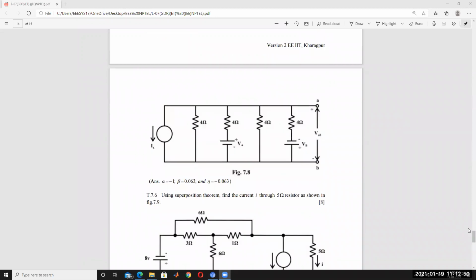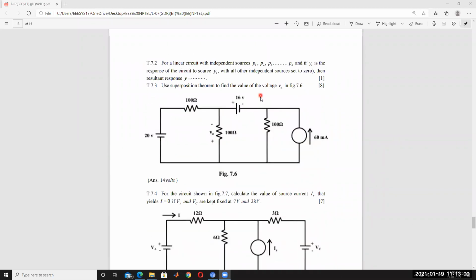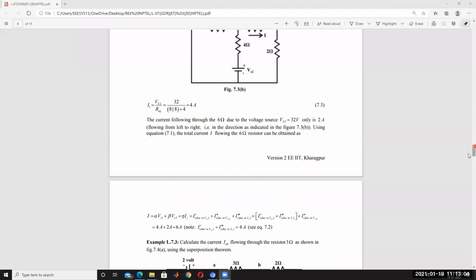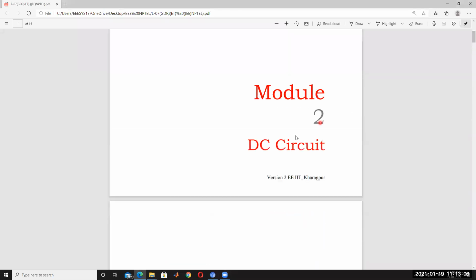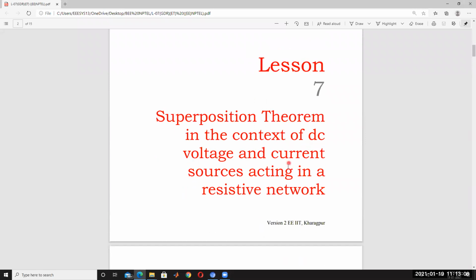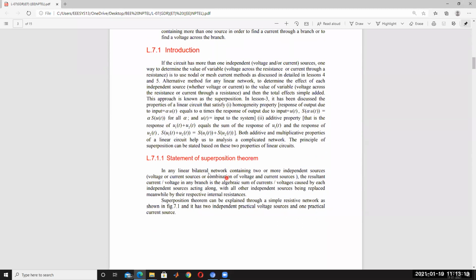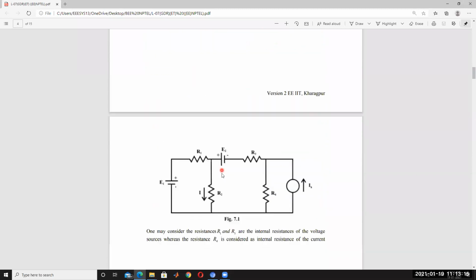Yes, everyone is clear on superposition theorem? These are the problems from IIT Kharagpur. Statement of superposition theorem, I will provide this PDF file to you.